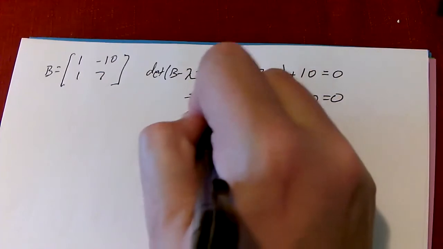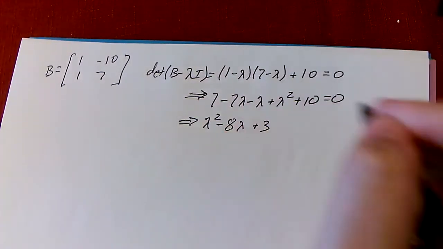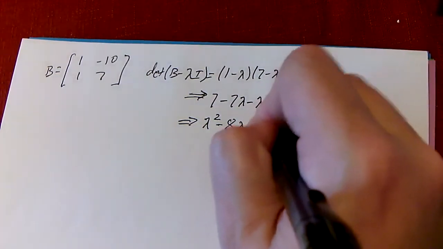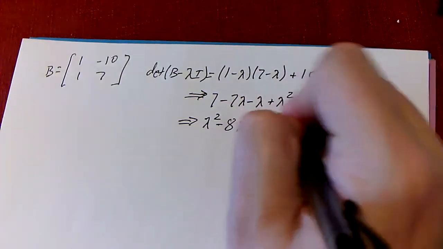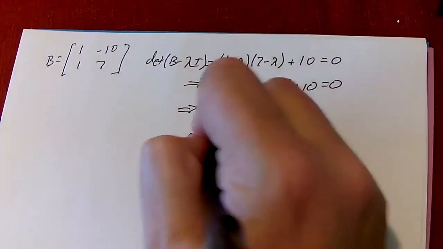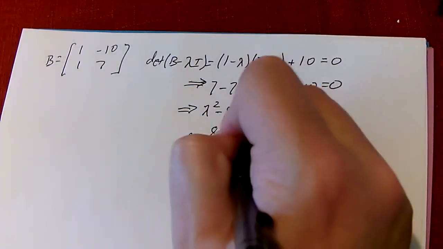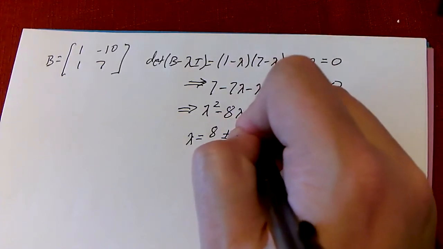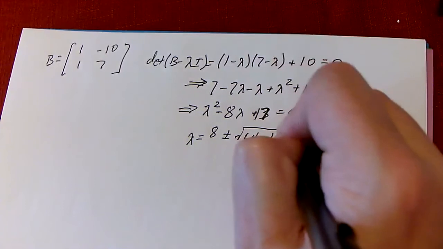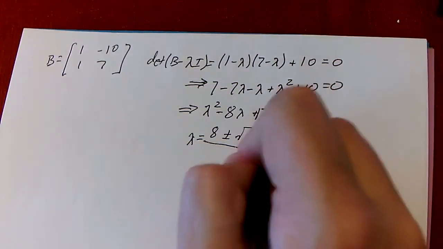Okay, so I'll put all that together. I've got lambda squared minus 8 lambda plus 3. Not plus 3, plus 17, not subtracted. Those are added. Equals 0. Okay, so lambda then is going to be 8, because negative 8 negative is going to be positive, plus or minus the square root of 64 minus 4 times 1 times 17, all divided by 2.